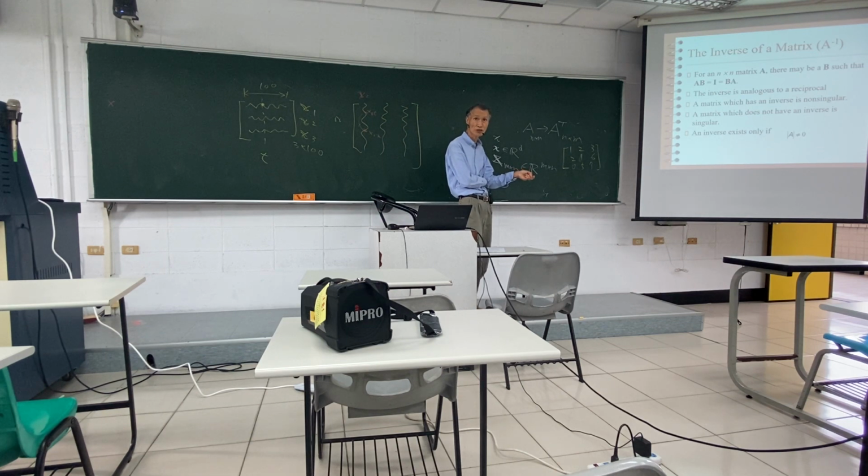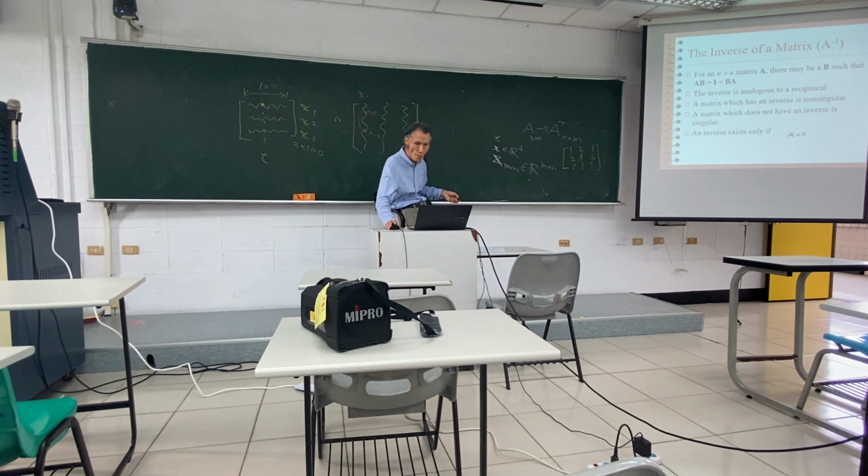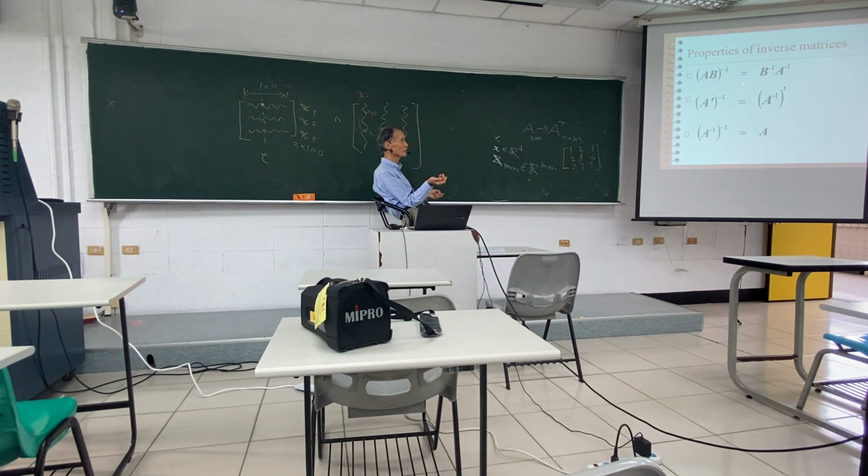When the determinant equals 0, you cannot define the inverse. The inverse of A times B can be written as B inverse times A inverse, just like the transpose. The inverse of A transpose is equal to the transpose of A inverse, and the inverse of the inverse will be the original matrix itself.